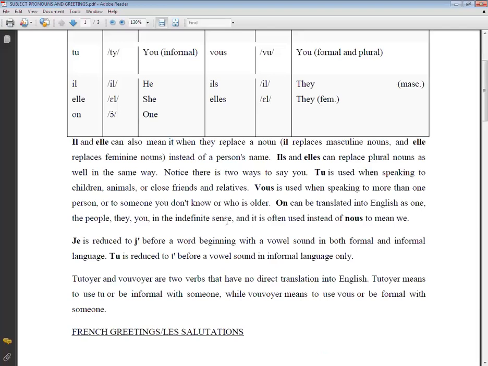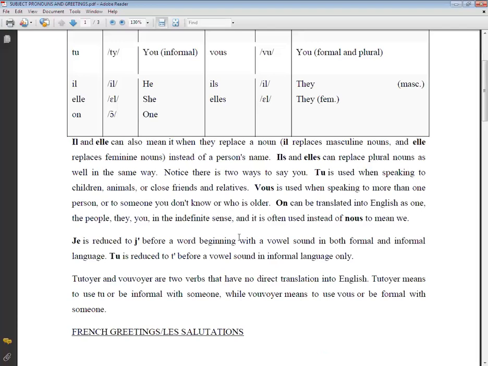Now let me just pause there. I explain that. Remember you are told on can refer to one in English, the people. Like Kenyan people, like you want to say Kenyans love football. Kenyans generally, referring to a certain group of people, refers to they, refers to you.